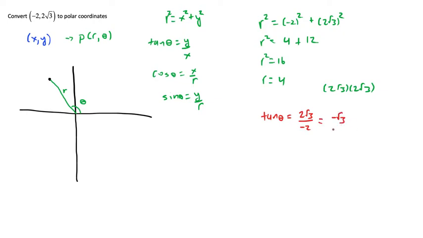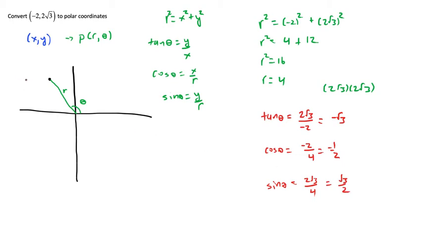Looking at this, I know that I'm in quadrant 2, so in quadrant 2, where does tangent equal negative √3? That's one question we could ask. But what about this: cosine of θ is x over r, so negative 2 over 4, which is negative 1/2. Or the sine of θ is 2√3 over 4, which is √3 over 2.